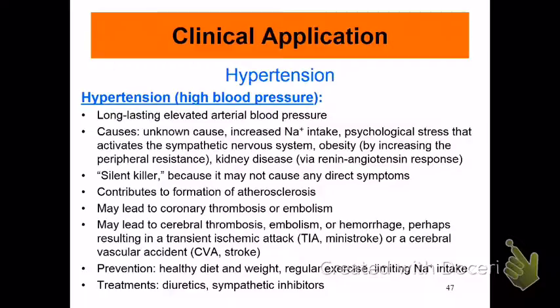Physiological stress that activates the sympathetic nervous system. Obesity, kidney disease, but this could be a silent killer. You may not even know you had it. Swelling is one of the symptoms. But all you really want to know is the word, that hypertension means high blood pressure.